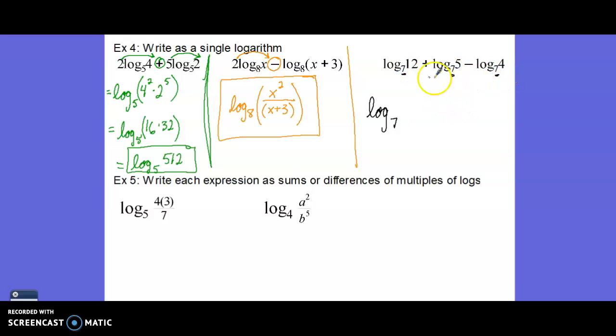So what I would tell students is just make sure that if you are adding, the very next term goes into the numerator. So it's 12 times 5. And when you're subtracting, it's only the very next term that goes into the denominator.